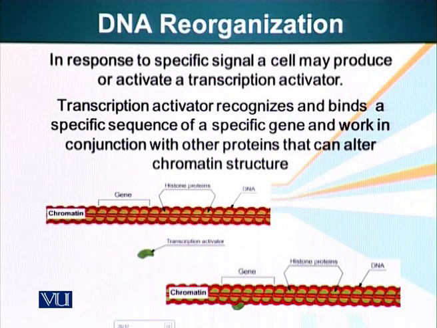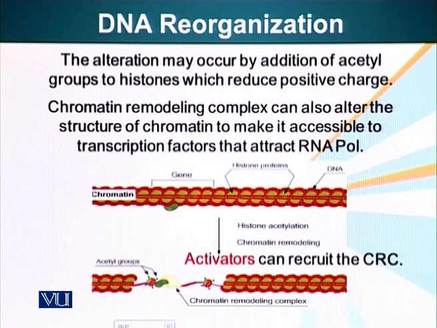Both of these were sensed by the cell, and in response to these two changes, the cell responded by altering the transcription of its genes. Here, in eukaryotes, when a cell receives a signal, it produces a transcription activator. It recognizes specific regions of DNA, and it binds with it. This is the starting point from where the transcription will take place.